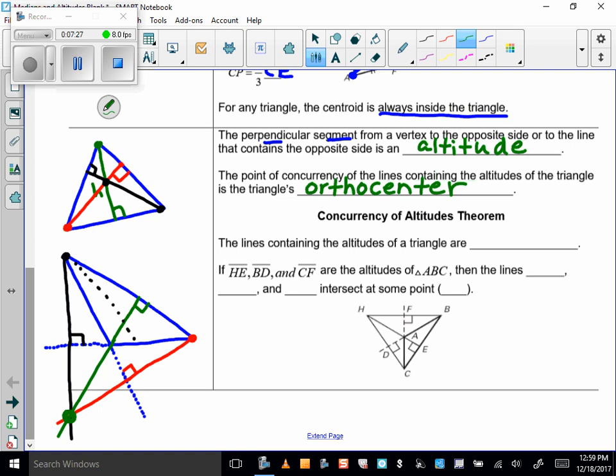Okay, so here's a theorem. Concurrency of altitudes theorem. The lines containing the altitudes of a triangle are concurrent.